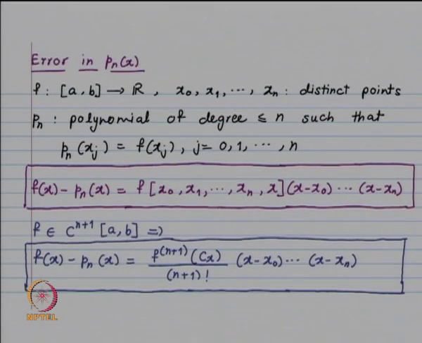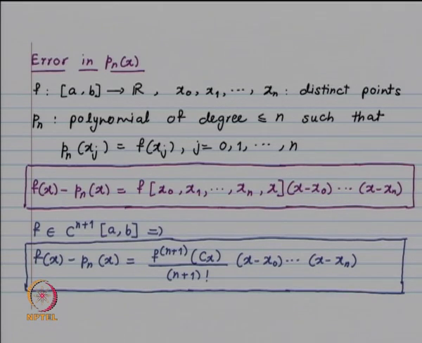The error consists of two parts. It consists of the divided difference f[x_0, x_1, ..., x_n, x], which, if the function is n plus 1 times differentiable, is equal to the (n plus 1)th derivative evaluated at some point c. That point c is going to depend on x. It also depends on x_0, x_1, ..., x_n, but those are fixed and x varies over the interval [a, b].